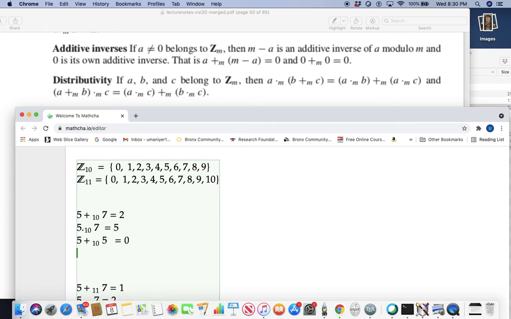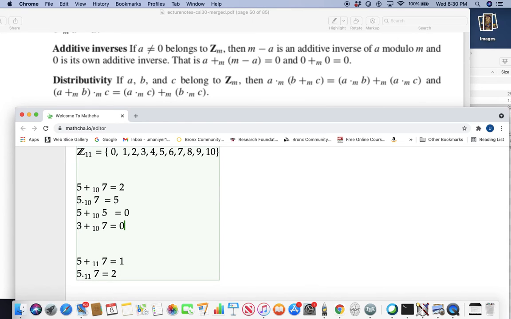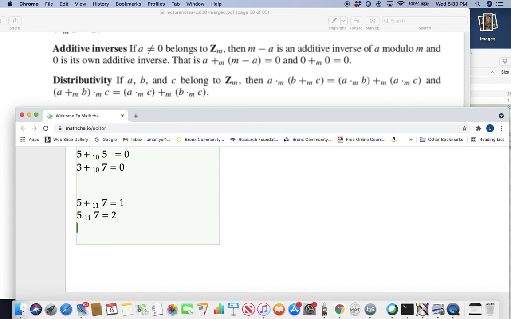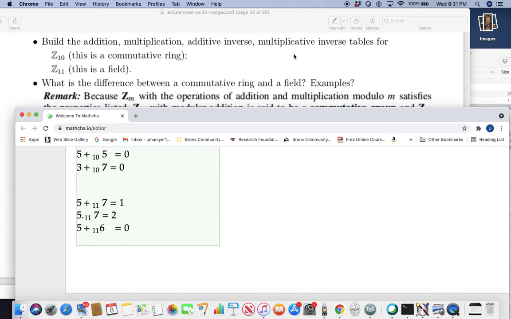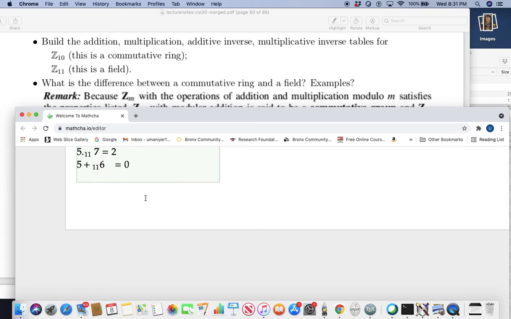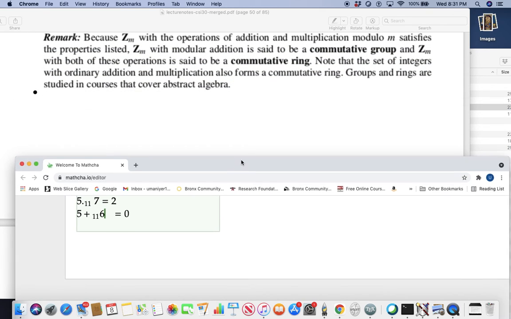What about something plus 7? Well, 3 plus 7 modulo 10 is 0. Something similar: 5 plus what equals 0? Well, 5 plus 6 in modulo 11 is 0. So that's how you find additive inverses. You can build addition and multiplication tables and proceed from there. The rest is just straightforward.